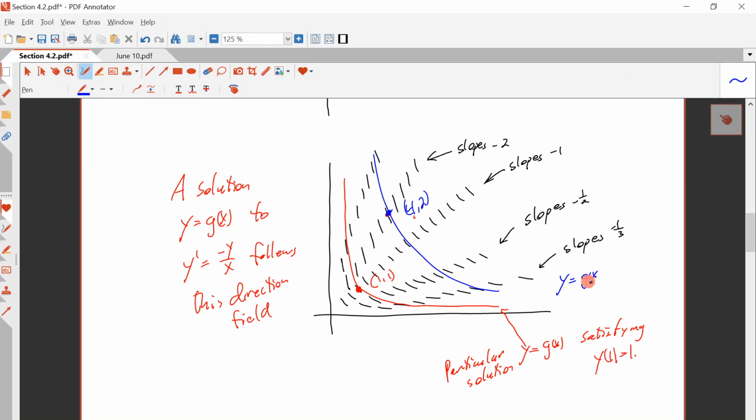Y equals g of x, satisfying y of 4 equals 2. So you can have different particular solutions that go through different points. All right? Let's get another example.